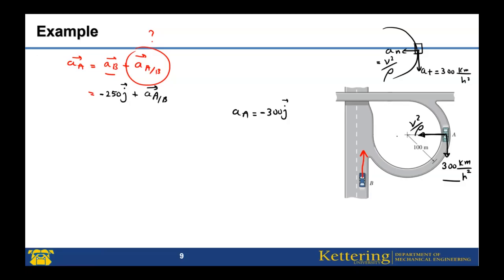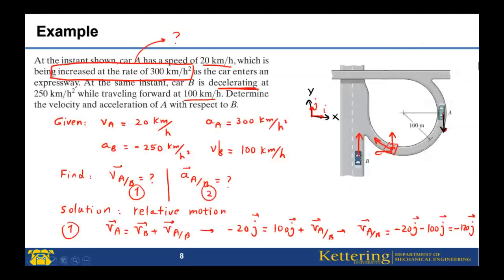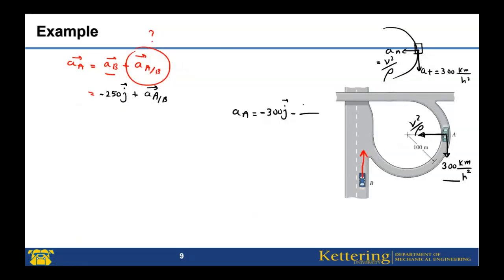That is in minus x direction. It is minus the speed of the car at this position. It is 20. Okay, minus 20 squared divided by rho. Rho is 100 meter, or 0.1 kilometer.